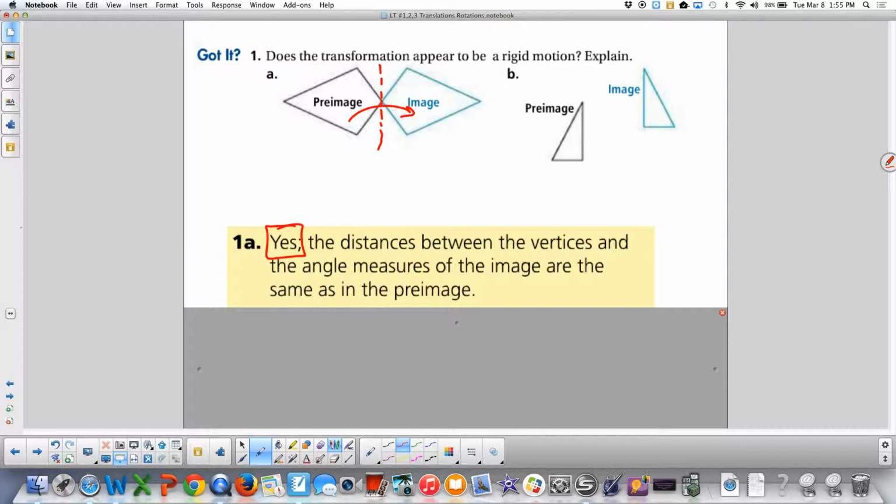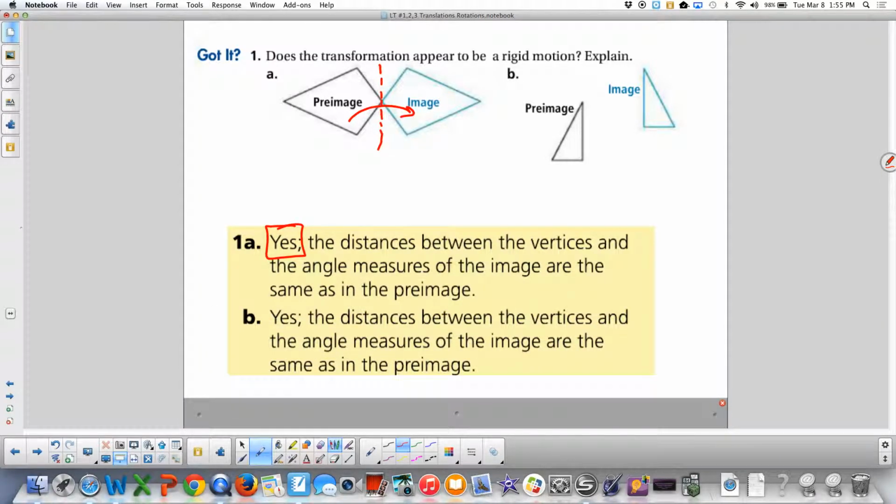Let's look at this one. This is also yes. It would appear as though the figure is reflected and then translated up, and that, a combination of those two, also preserves distance, so that too is an example of rigid motion.